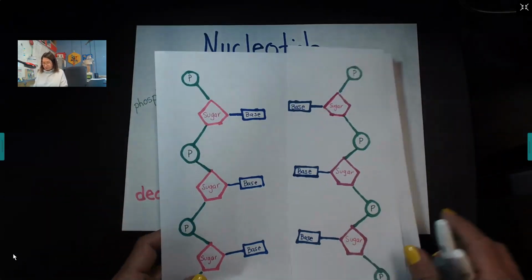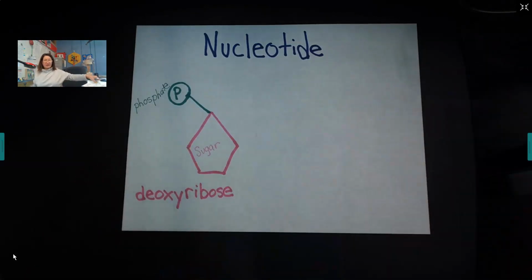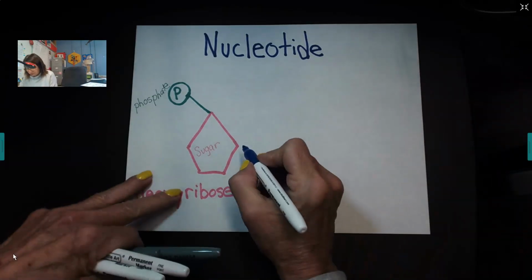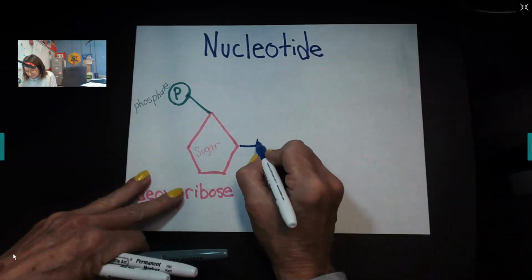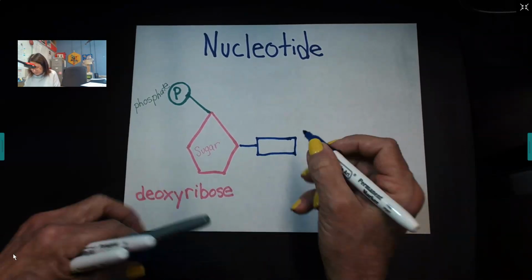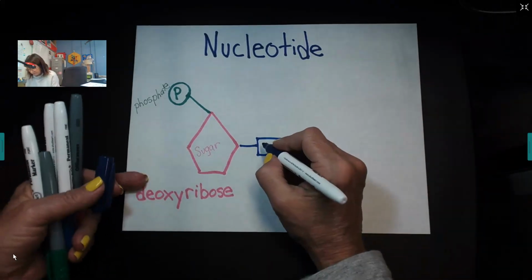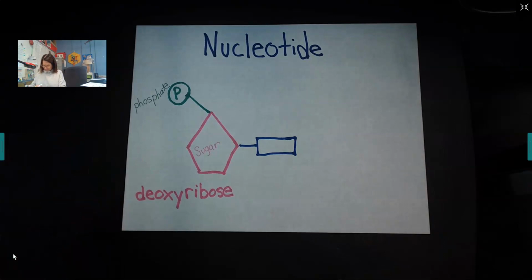So I'm just putting a bunch of these nucleotides together in order to make this DNA. Now I'm going to add my base here. Inside I'm going to write base.